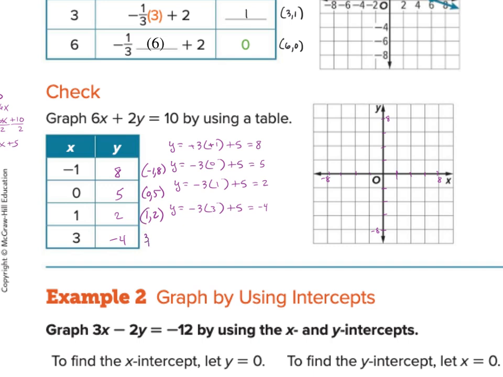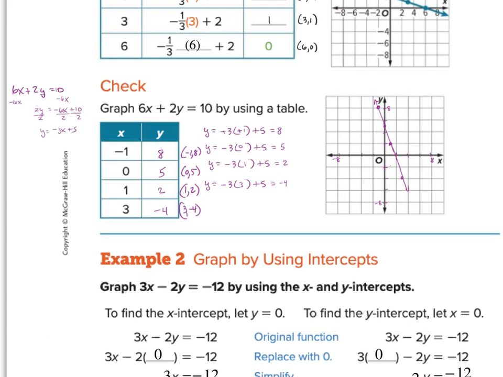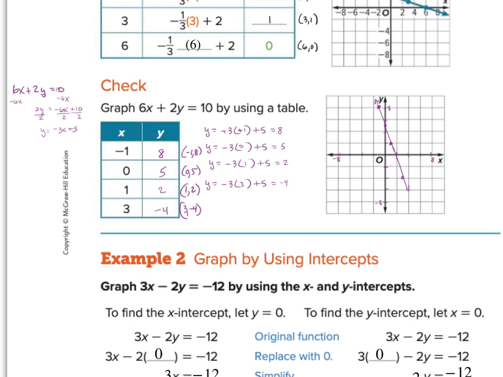This should be 3, negative 4. Okay, it doesn't matter. I'll just go ahead and plot 3, negative 4; 1, 2; 0, 5; negative 1, 8. Got a linear equation here. And there you go. That is what I can graph using the table.